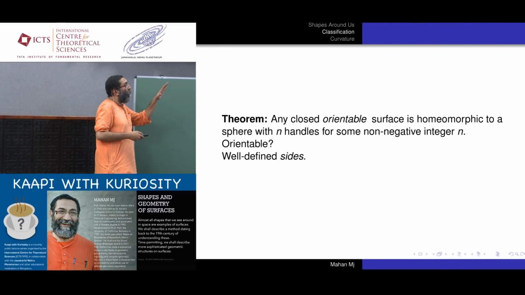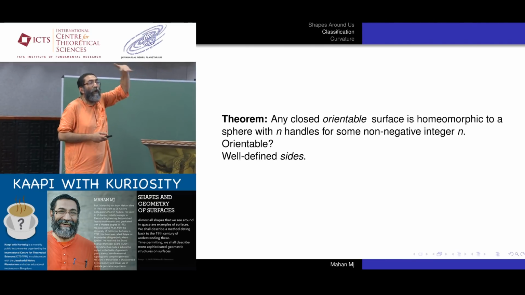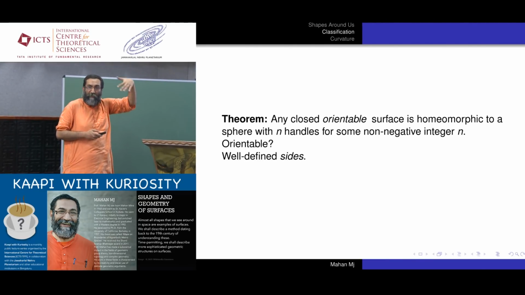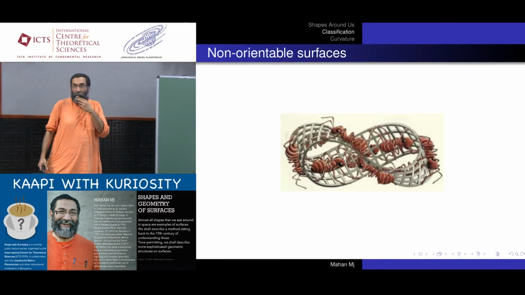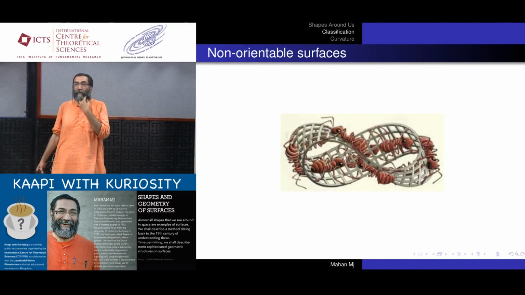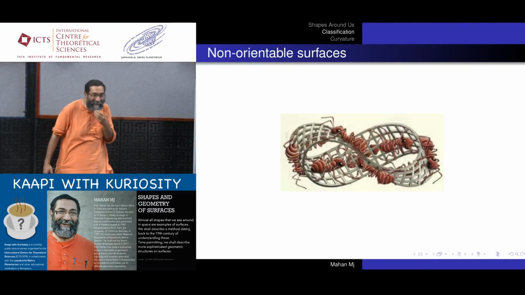But if you're looking only locally, then there is an example of a non-closed surface which can be seen in 3 dimensions, which is not orientable. And here's the example. I'm sure somebody has seen this kind of stuff before. Yes?